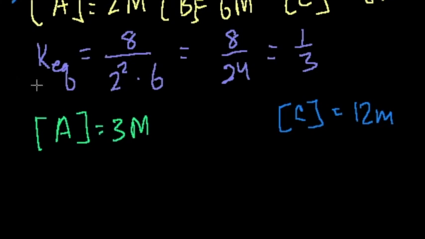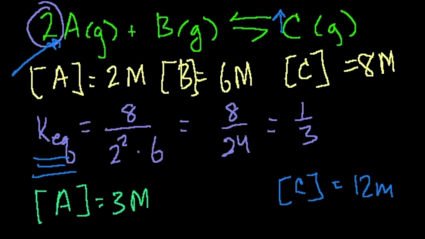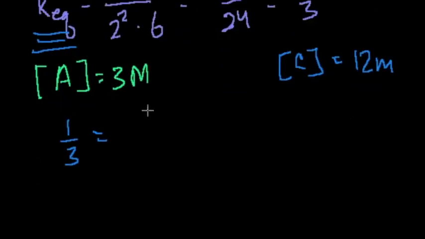So remember, the equilibrium constant stays constant. So our equilibrium constant is now going to be equal to the concentration of C. Right, that was the reaction. So it's 12 molar. Oh, whoops, 12, I don't have to write the units here. Divided by our new concentration of A. That's 3.